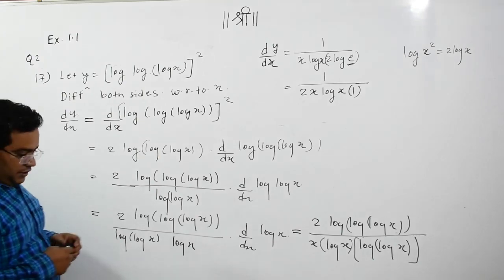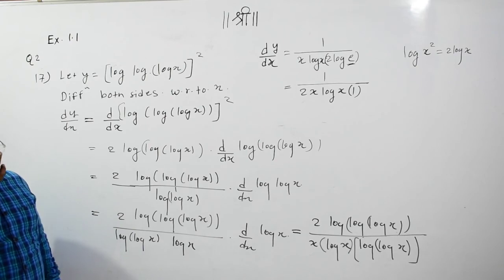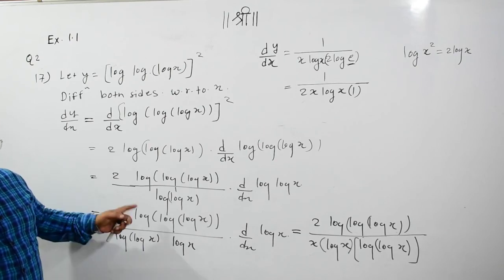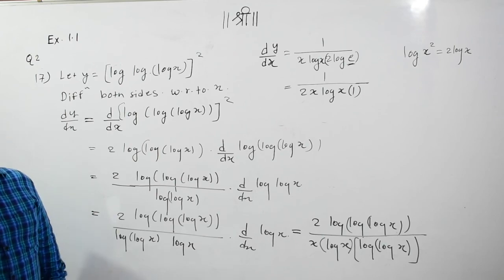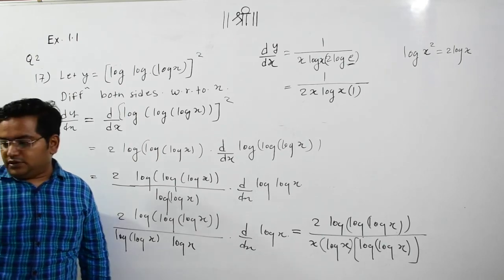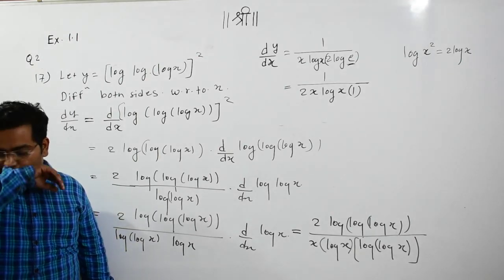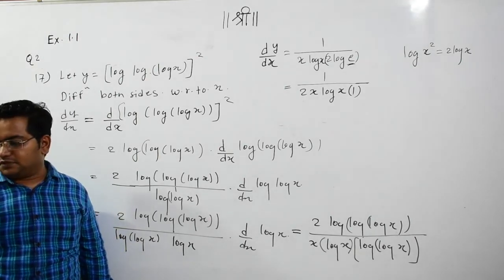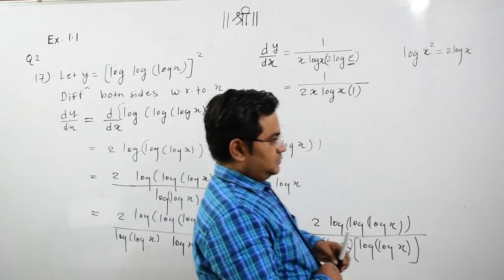Okay, up to this point everything looks fine. Now what I wanted to suggest is, do this kind of problems on your own, and you can make your own problems. Now I would like to leave question number 18 for you for practice purpose, and up to this video we will continue.